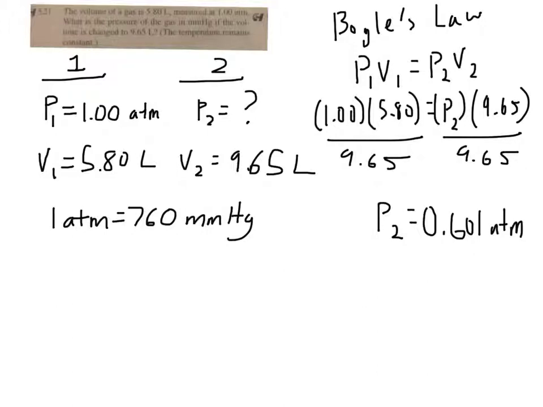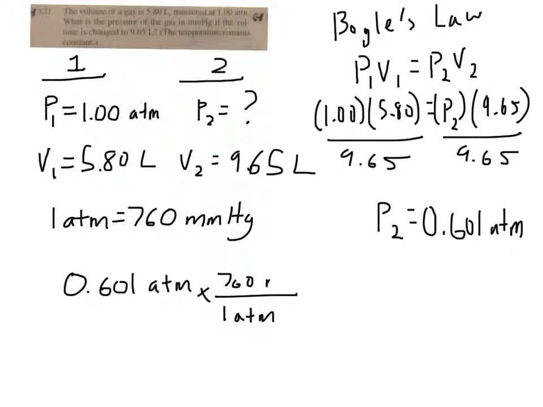We have 0.601 atm times 760 millimeters of mercury over 1 atm, so the atm cancel. And we end up with 457 millimeters of mercury being our final pressure for P2.